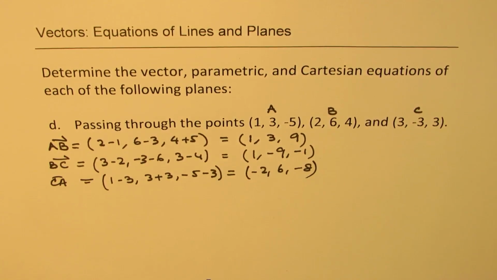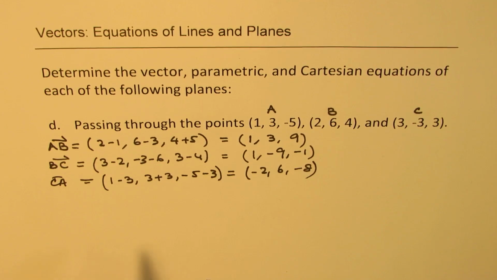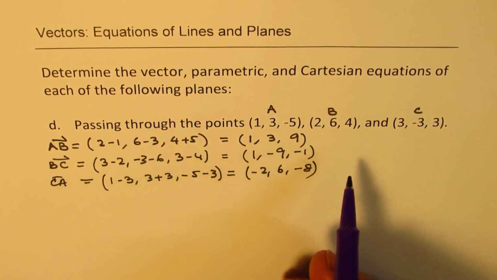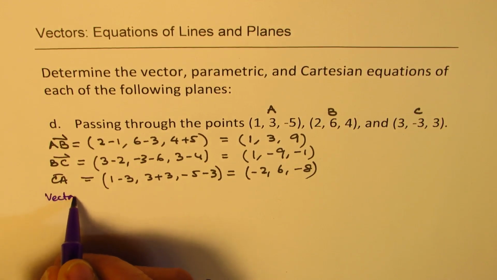So these are our 3 directions. Now we need to find the normal. Actually, with these 3 directions, you can definitely write down parametric and vector equations. So let's write down the vector equation.